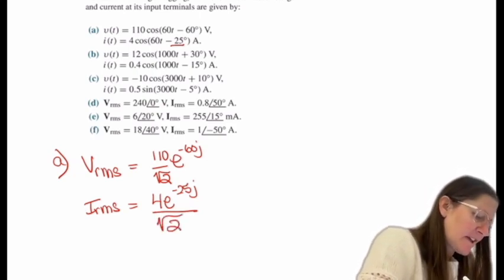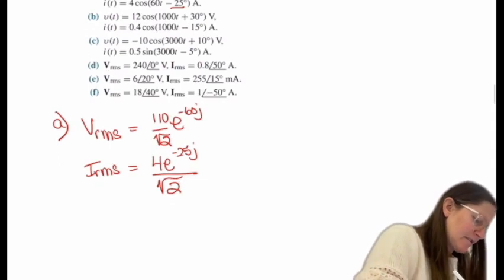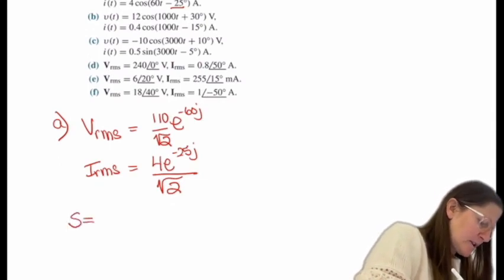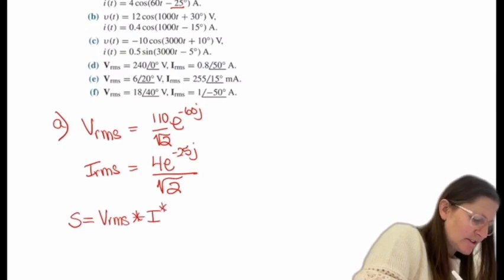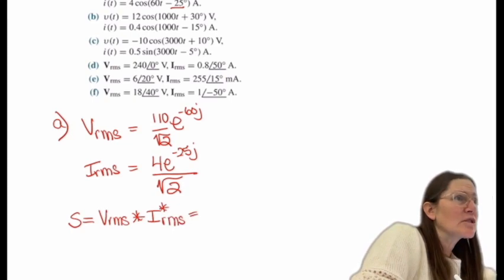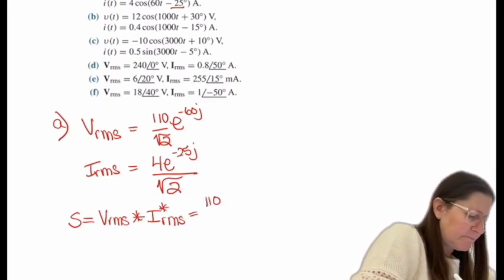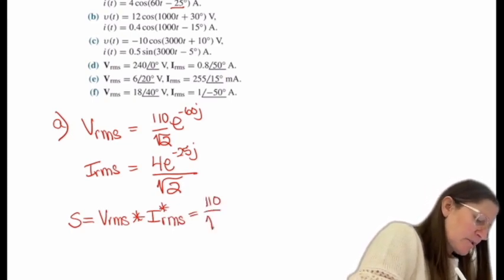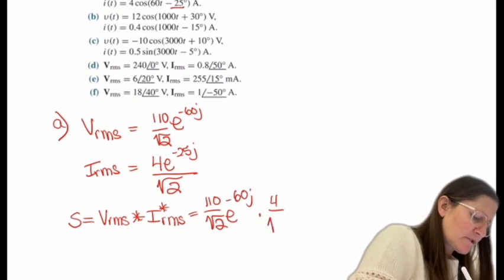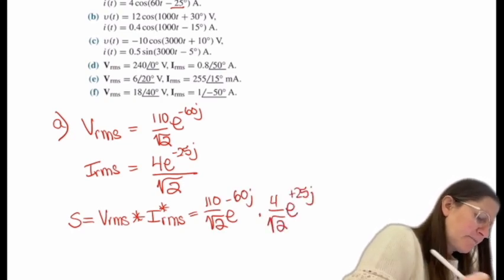Okay, so then S is going to be V RMS times the complex conjugate of I RMS. So you take 110 over square root of 2, and then multiply it by 4 over the square root of 2, e to the plus 25j.